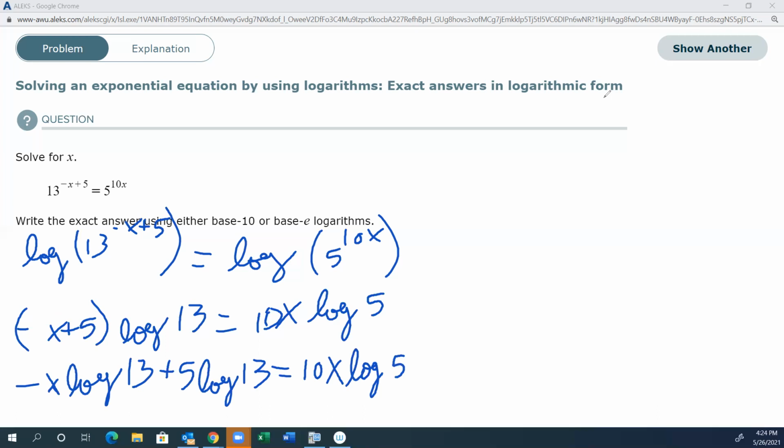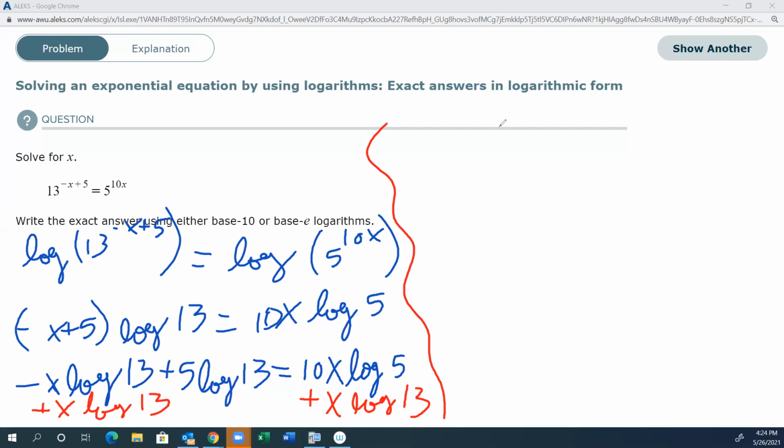Okay, so x is out of the exponent. It's out of the parentheses, but it still appears in more than one place. So let's get the terms that contain x together. So I'm going to add x log 13 to both sides. Okay.